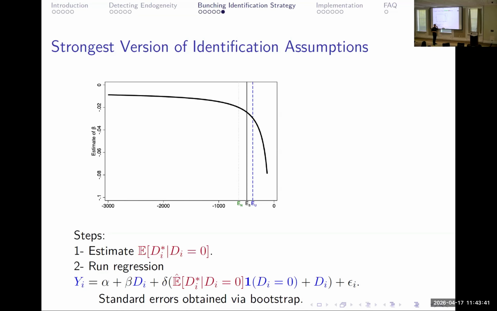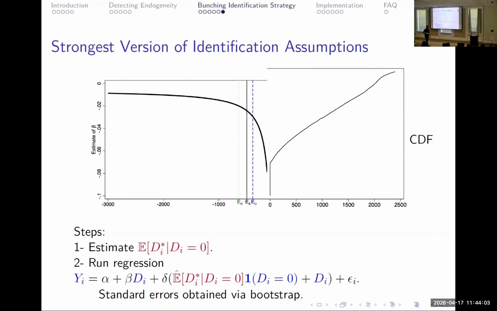But now, for the first time, I'm going to make a connection. I'm going to try to justify why I even talk about D star. Why does it even make sense to talk about D star? Now that you do not have this expectation, one approach you could take is to try to estimate it based on what happens on the positive side of the distribution. Because remember, the moment I made the connection that D star equals D on the positive side, now I have information on all the positive side, right?